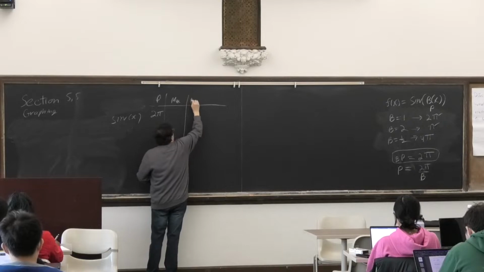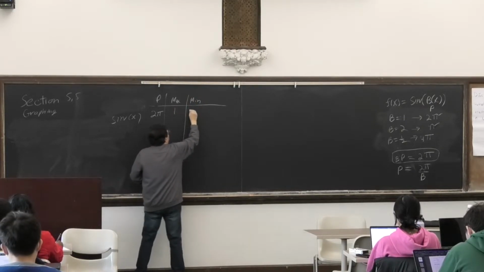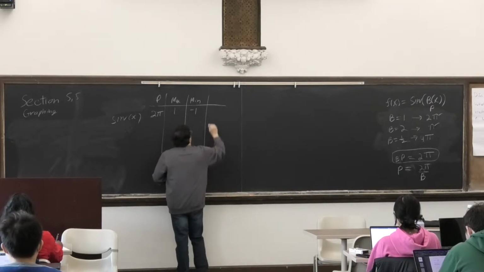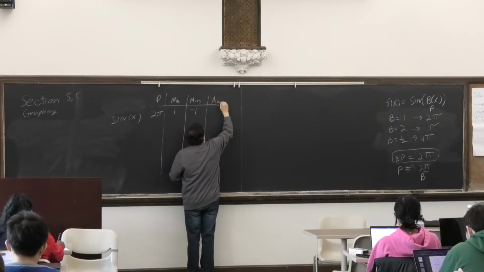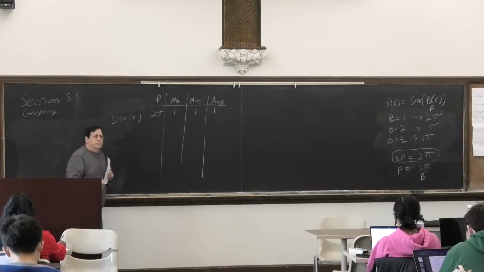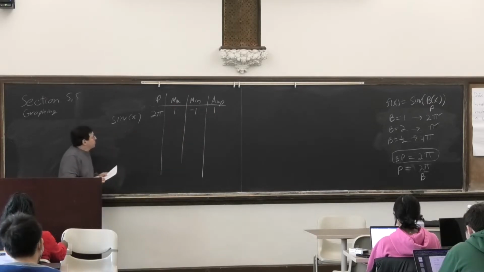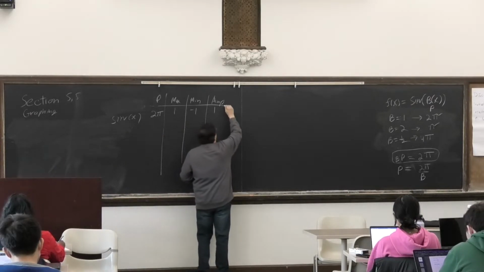Max and min are 1 and minus 1. So the amplitude is just 1. Max minus min divided by 2. What's its domain?